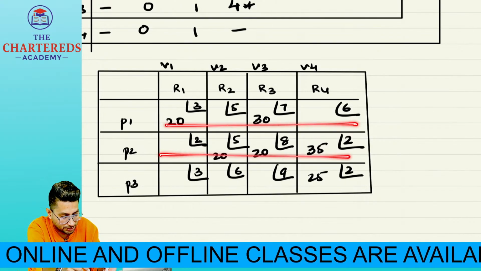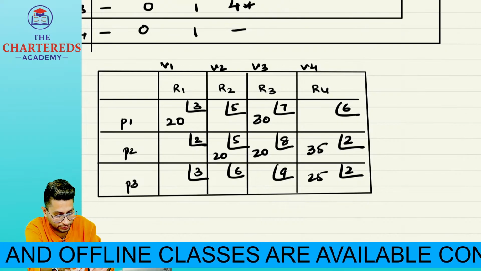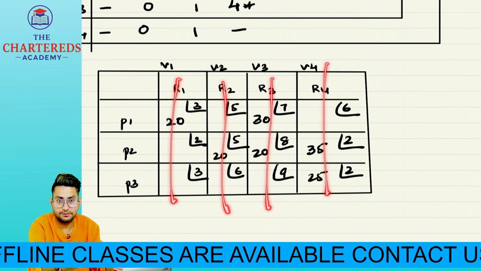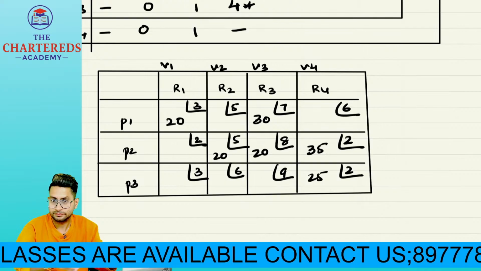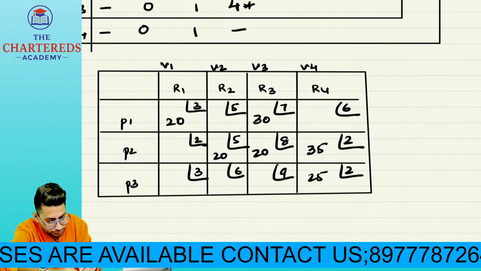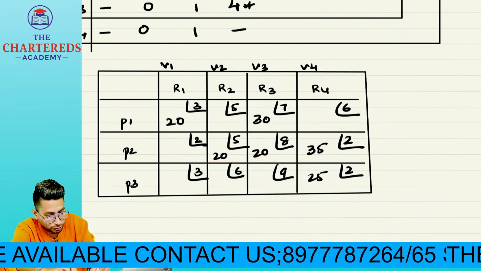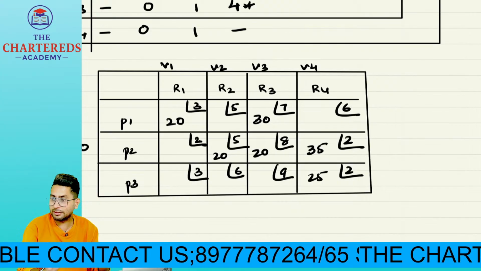So highest as of now is U2. Where am I able to do the highest allocation? Row or column? Row. Which row? U2. U2 mein 3 allocations. So I will assume U2 to be 0, and then now I will do the calculations.